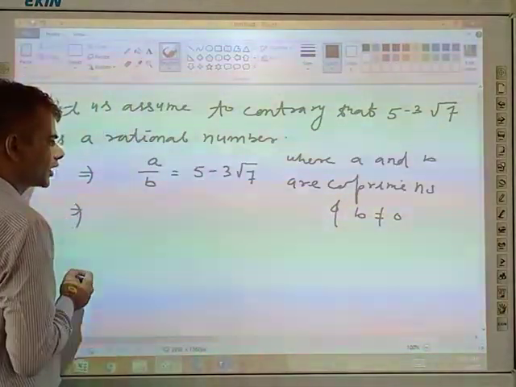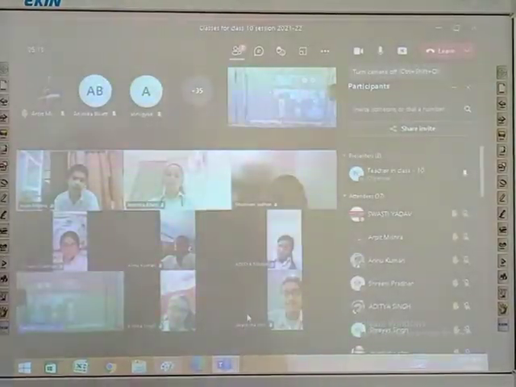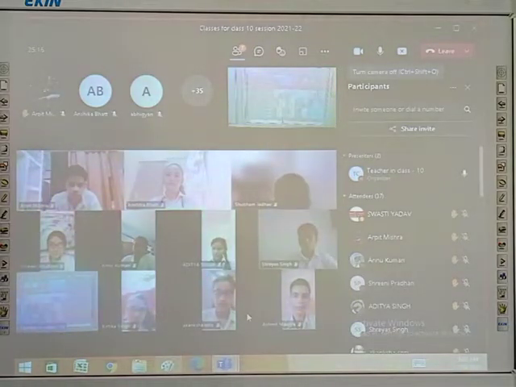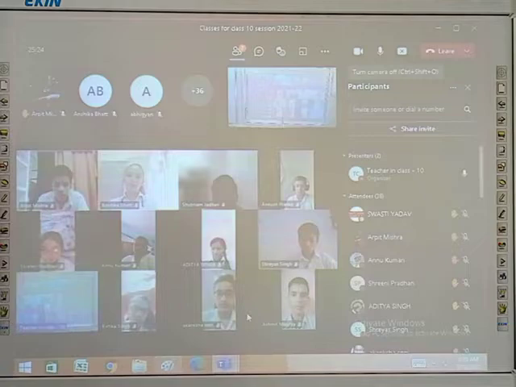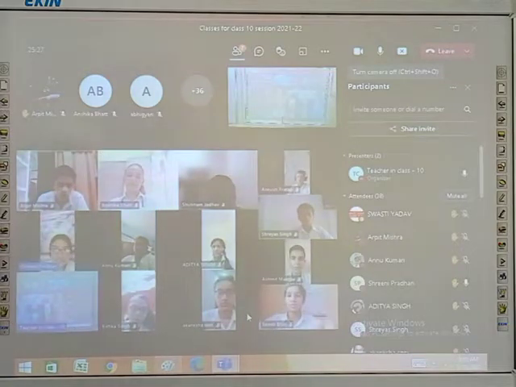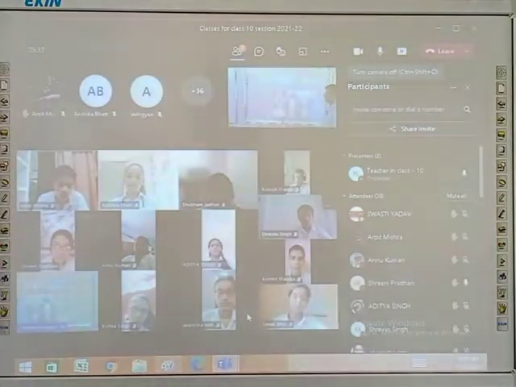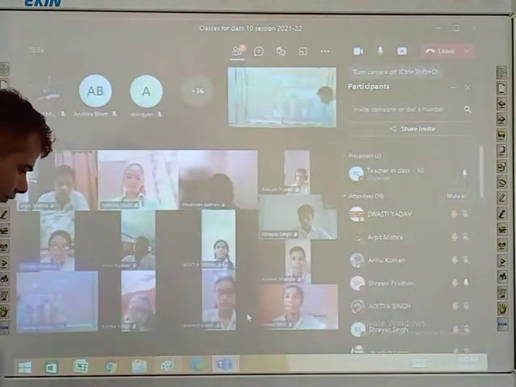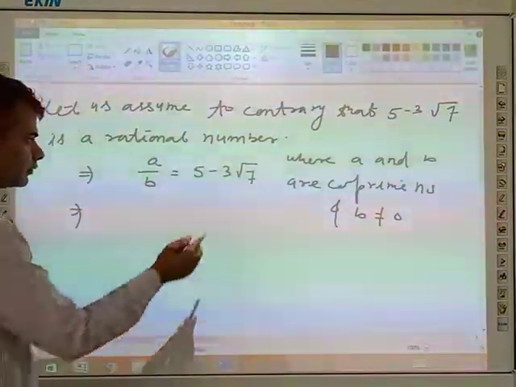If minus 3 root 7 is transferred from the right hand side to the left hand side, it becomes, Srini Pradhan?